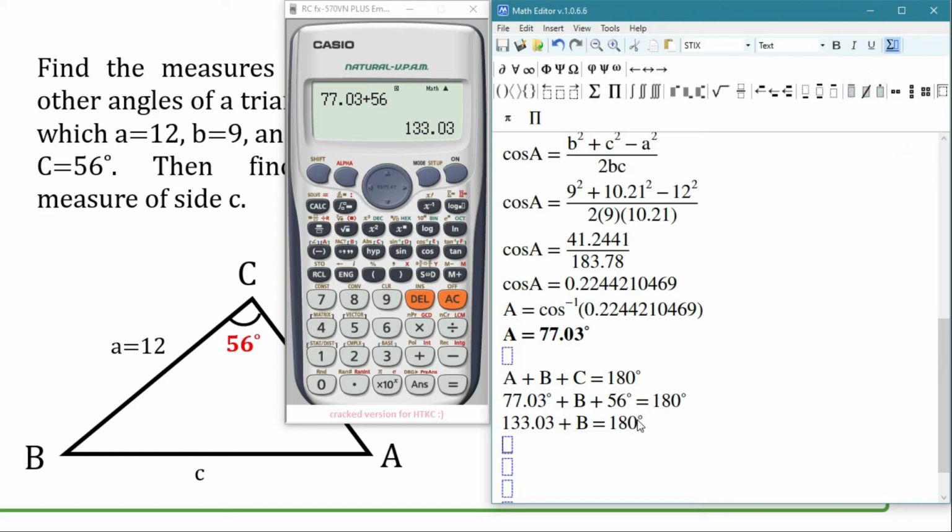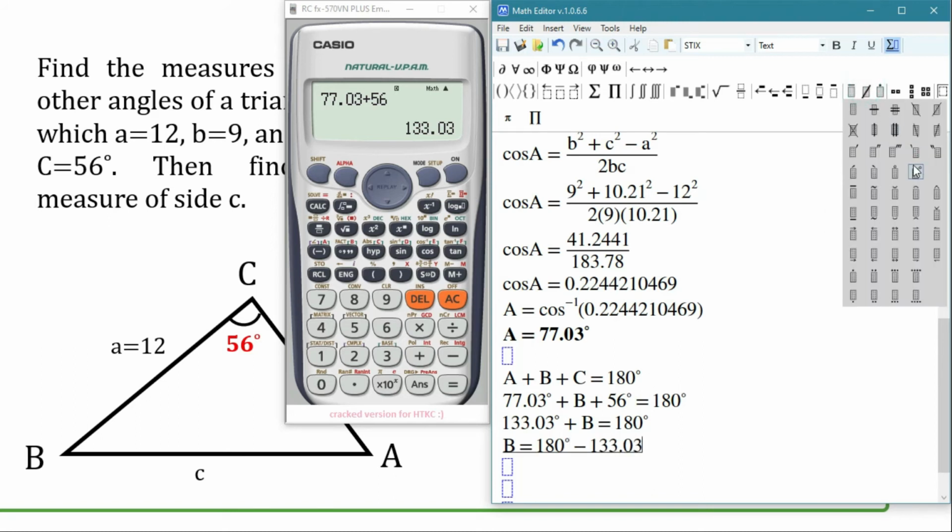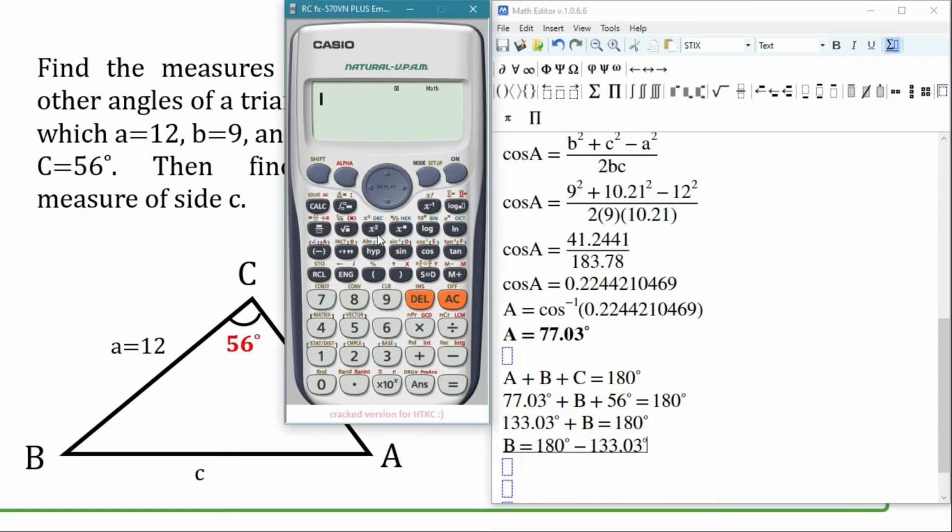Alright, so transposing 133.03 degrees to the other side of the equation, we have B equals 180 degrees minus 133.03 degrees.